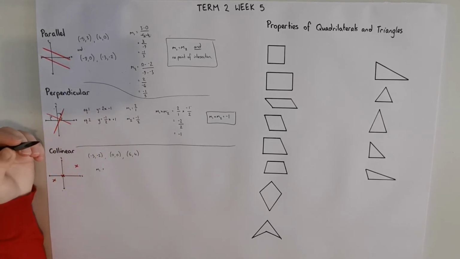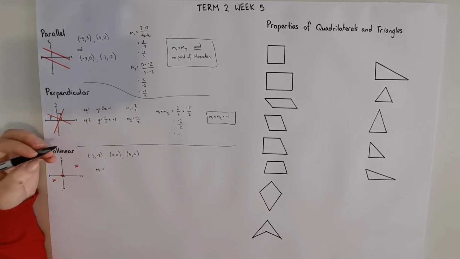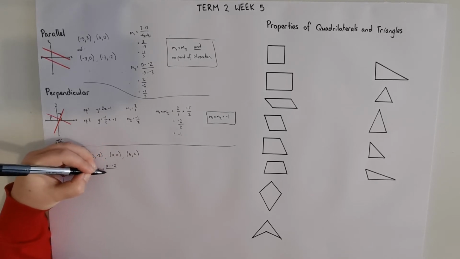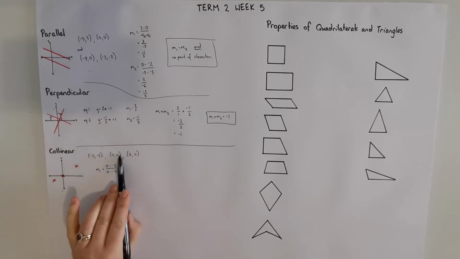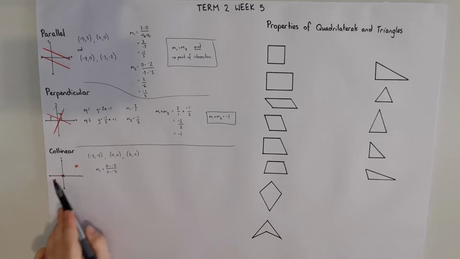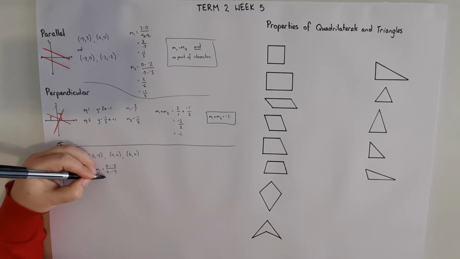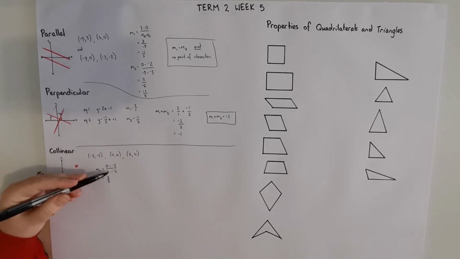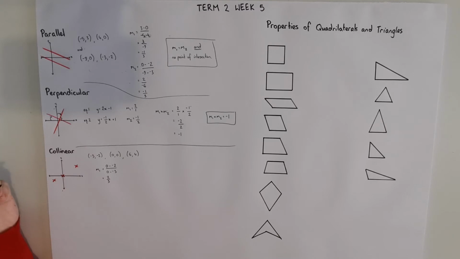And what I'm labelling as M1, my first gradient, is going to be 0 minus -2 over 0 minus -3. So I'm looking at the gradient between these first 2 points here. Naturally that comes out at 2/3, accounting for my 2 negatives on the top and bottom.